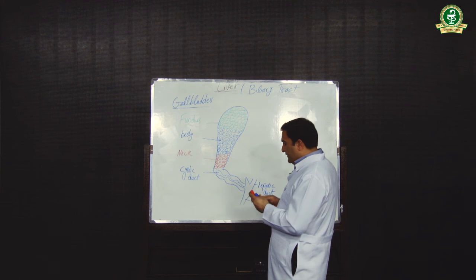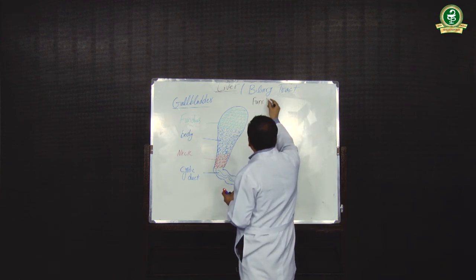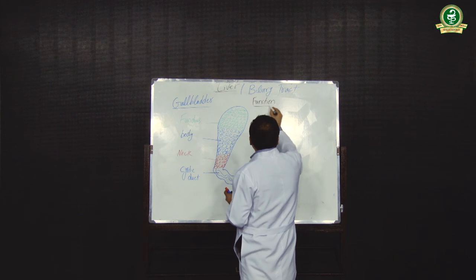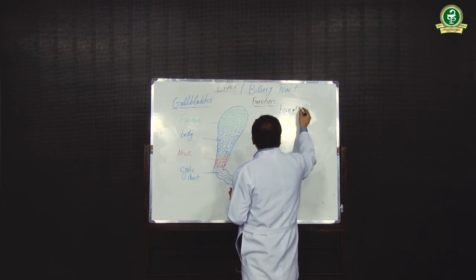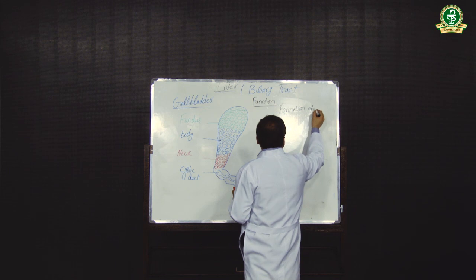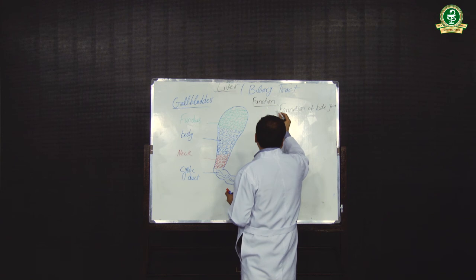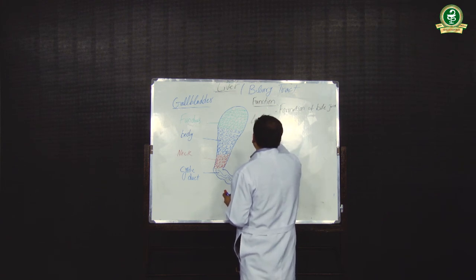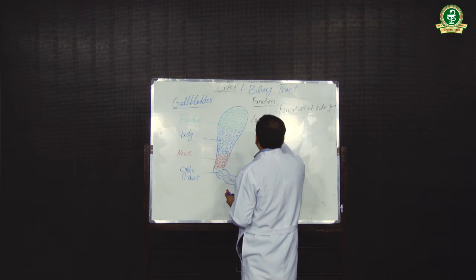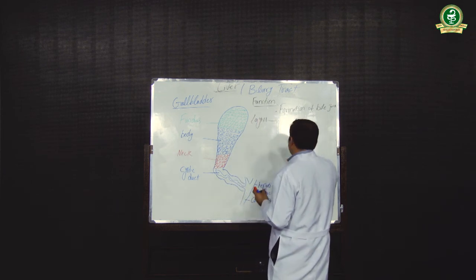Function: formation of bile juice. The gallbladder has three layers.